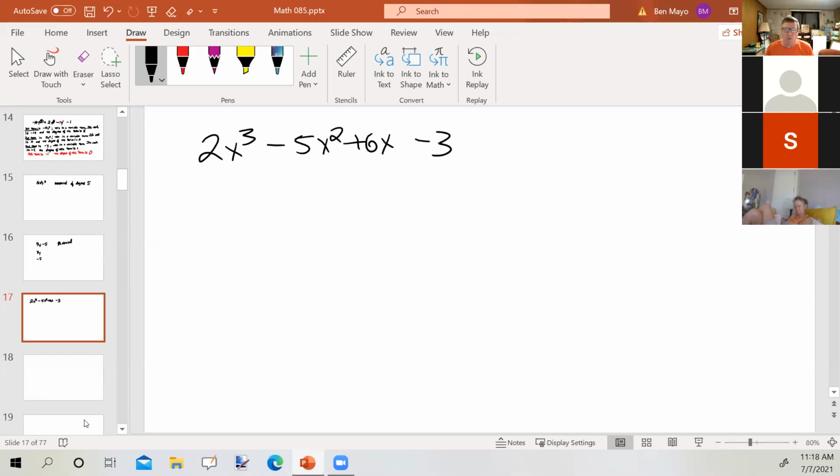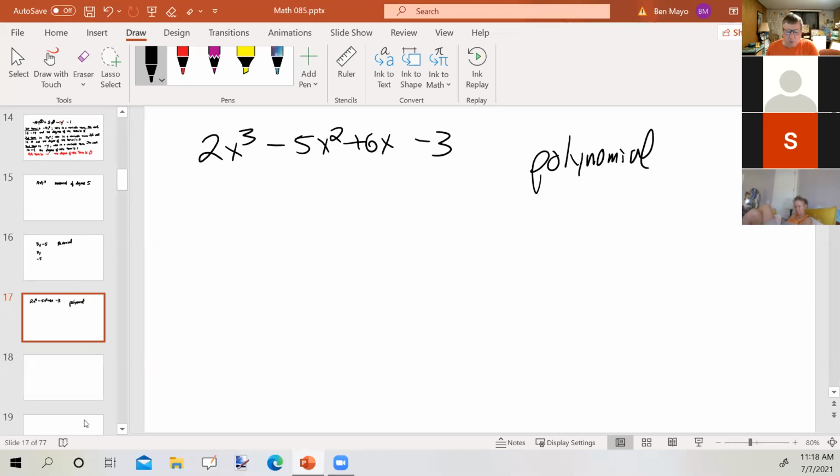Is this a monomial, binomial, trinomial, or none of the above? None. None of the above, right, because it's got 4 terms, so it's just a polynomial.